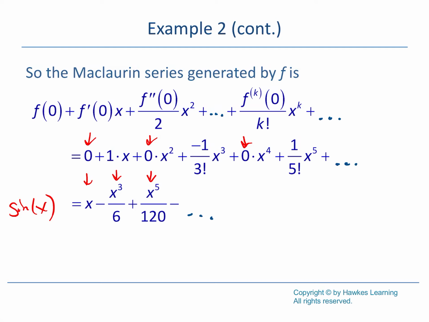Since sine is an odd function, it makes a lot of sense that it's built out of odd polynomial parts. It's really just the odd powers with odd factorials on the bottom.